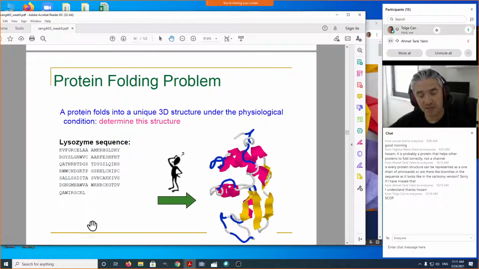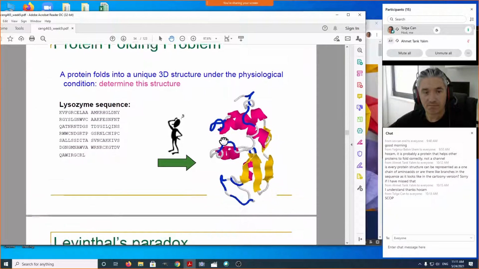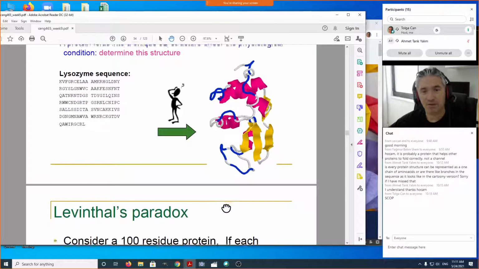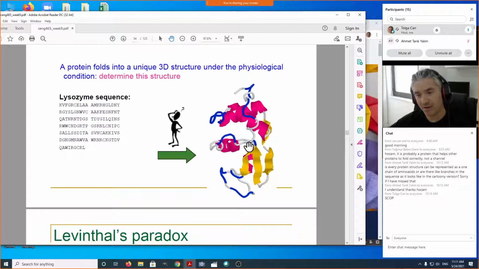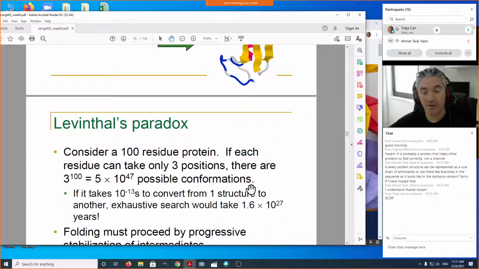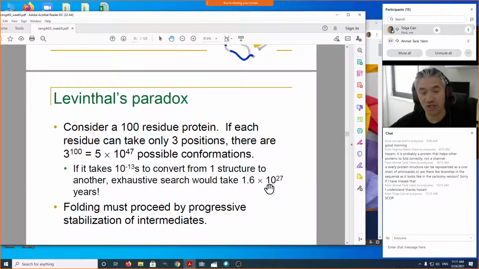So the problem is, given this sequence, your goal is to predict this shape. But I will still talk about why this is a difficult problem, because of the angular freedom of these bonds. The search space is really huge.